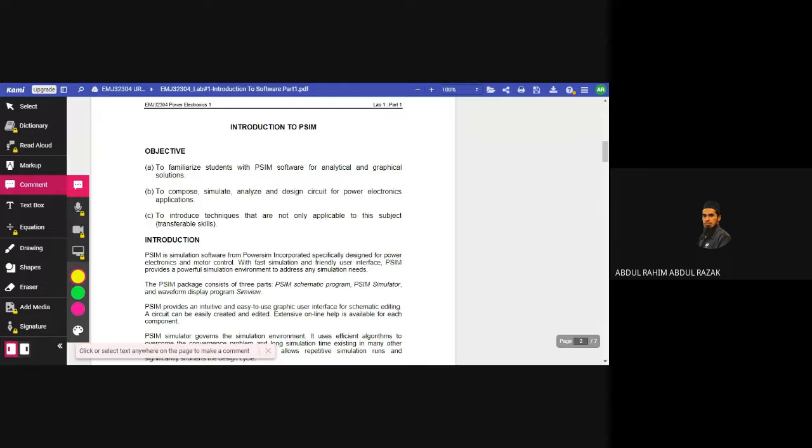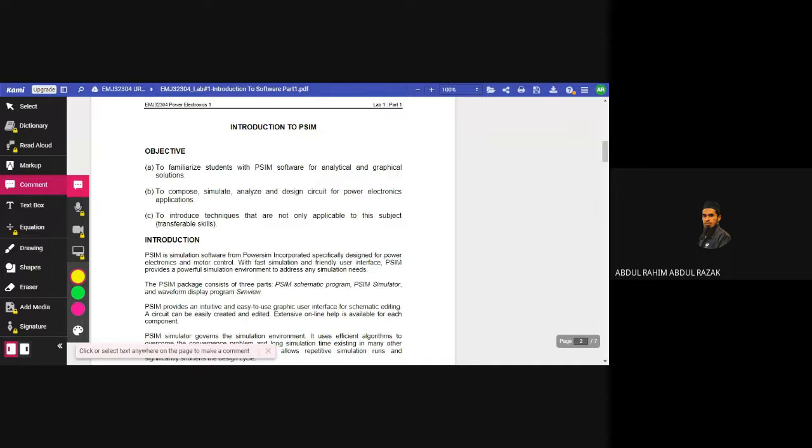As you can see from the slide, the objective of this lab module is to get yourself familiar with PSIM: how to compose and simulate the circuit, what you will expect from the simulation, and when you get the result, how you want to analyze and present it.